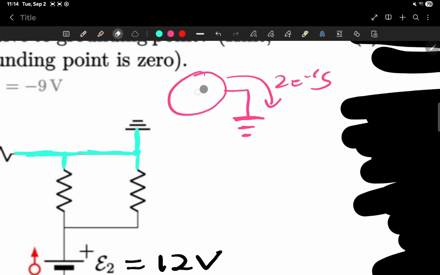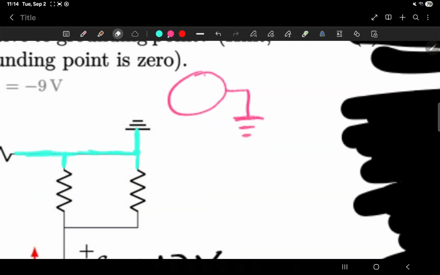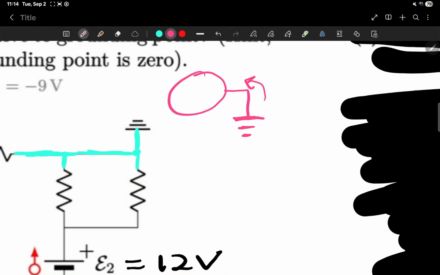And that causes the sphere to become neutral again. So it doesn't really matter in which direction electrons flow for the ground. It just depends on what you've connected the ground to at the end of the day. If it's positively charged, then of course the earth or the ground will send electrons to the sphere, and if it's negatively charged, the earth or the ground will take away electrons from the sphere to try to make it neutral. It's just a game of trying to balance things together.